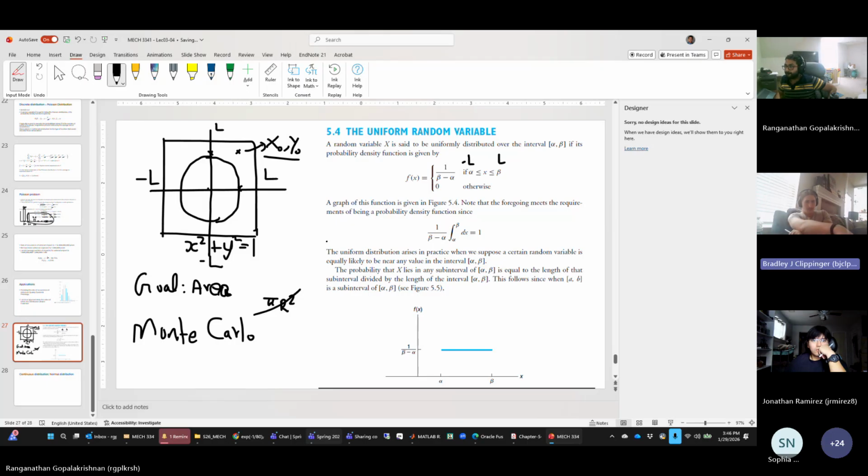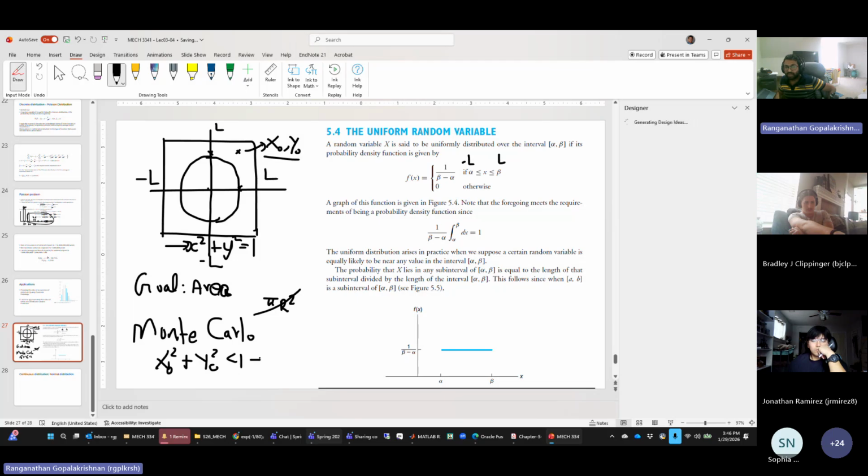Right, if x0 squared plus y0 squared happens to be less than or equal to 1, we'll call it inside. If it is greater than 1, it is outside. In other words, there is a binary outcome. Either it's in or out.